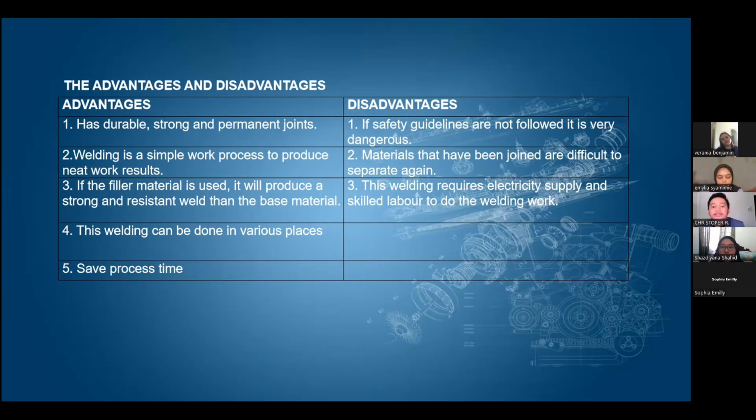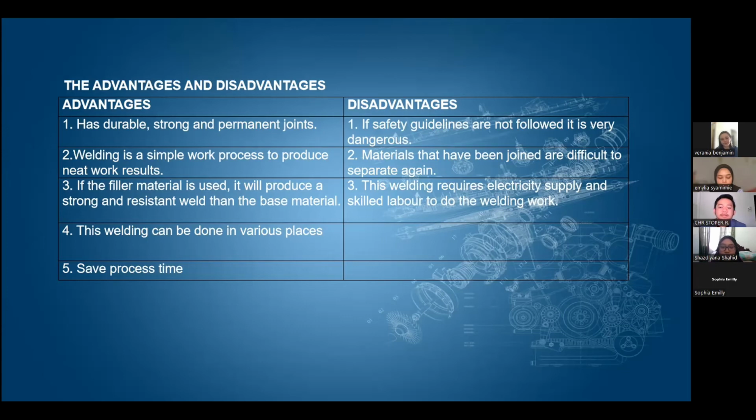The disadvantages of welding safety are, firstly, if safety guidelines are not followed, it is very dangerous. That means all the welders or employees need to use the guidelines that were given. The second is that materials that have been joined are difficult to separate again.